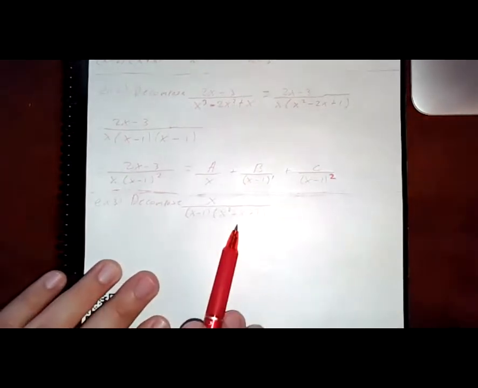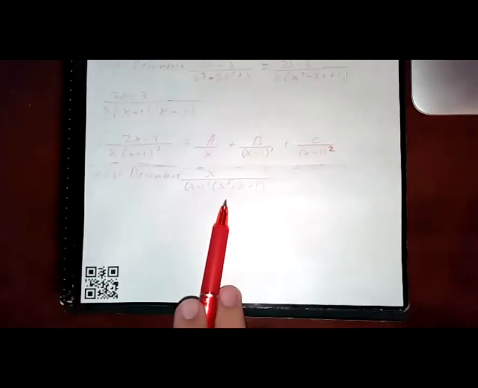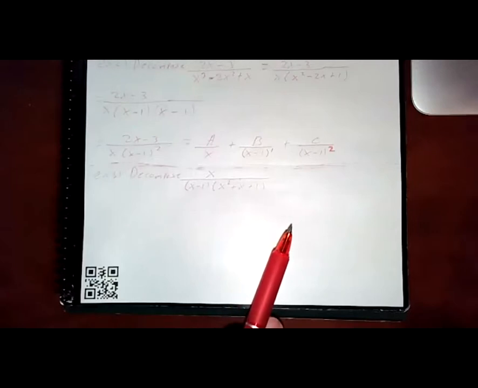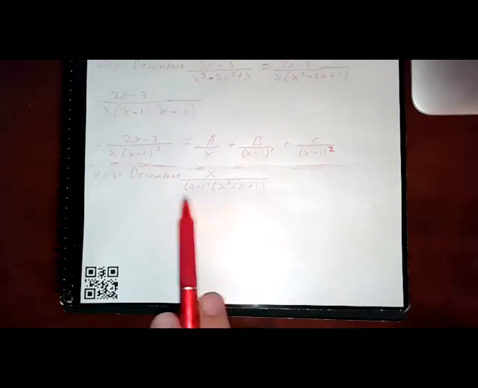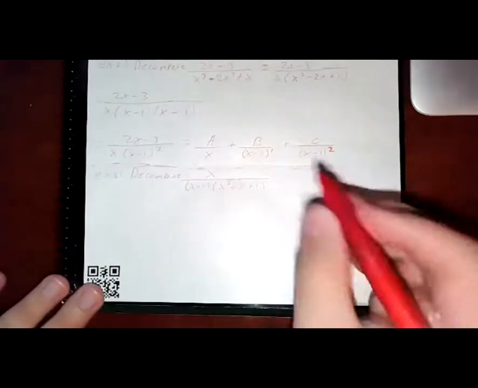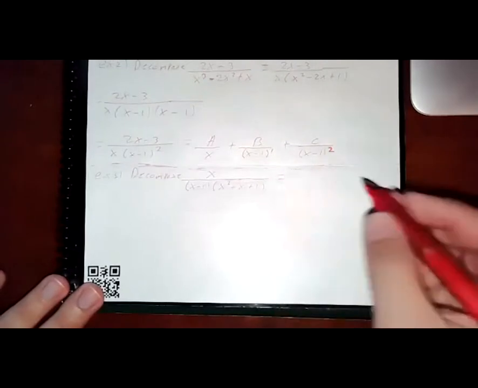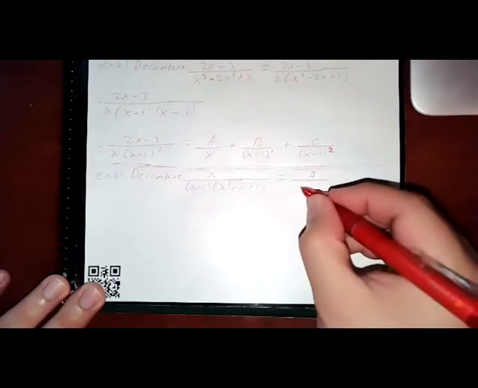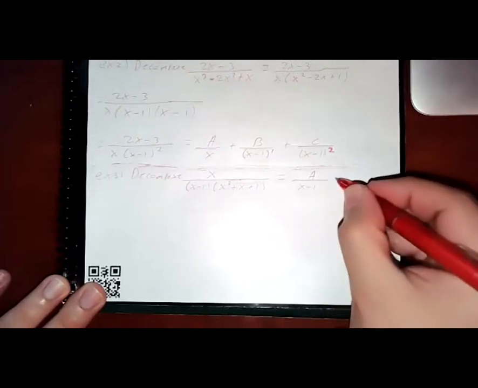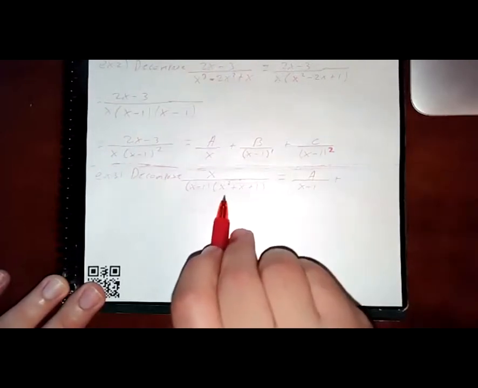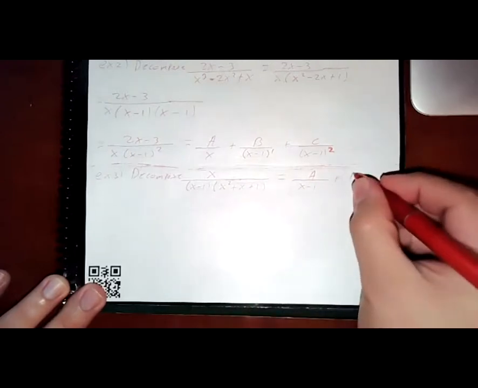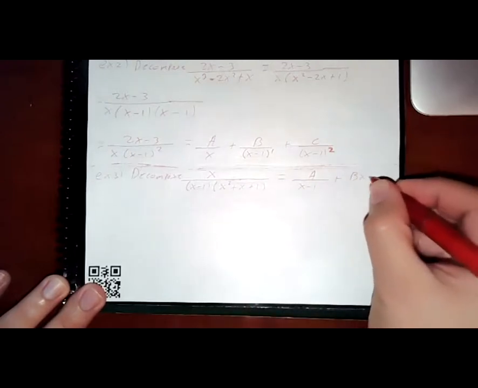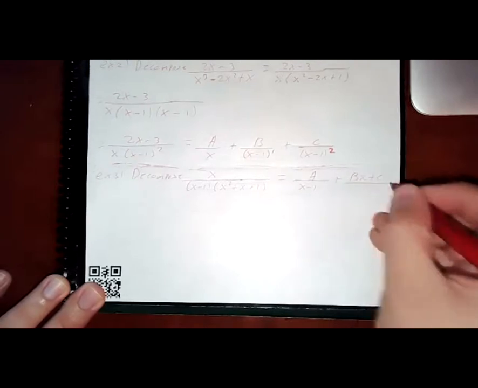Now you cannot factor this. It's not going to happen. So we just got to decompose it the way it is. What you would do is write A over the first one because that's just a linear distinct factor, no big deal. But since this is a quadratic factor, you will write Bx plus C whenever that happens.